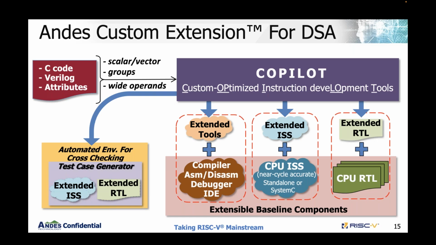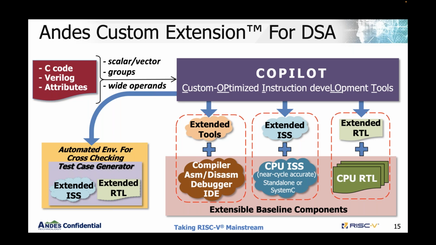The Copilot tool will help you to implement this ACE instruction. It takes C code, Verilog code, and the attributes in on the left-hand side, and it will spit out extended RTL, extended ISA, and also an extended toolchain like compiler, assembler, disassembler, debugger, and IDE.